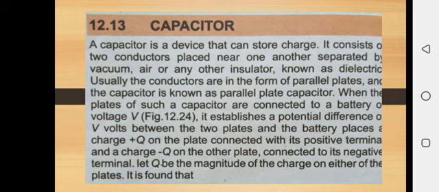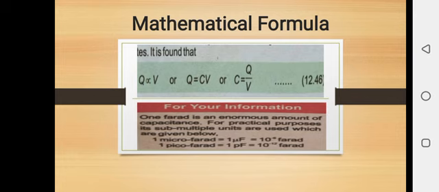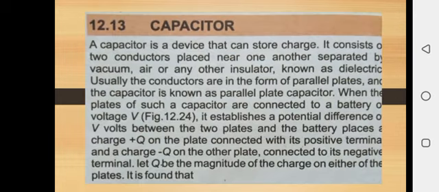It places a charge plus Q on the plate connected with its positive terminal, and negative charge on the second metallic plate that is connected with the negative terminal of the battery, having distance D between them. So this is a little explanation about capacitor.